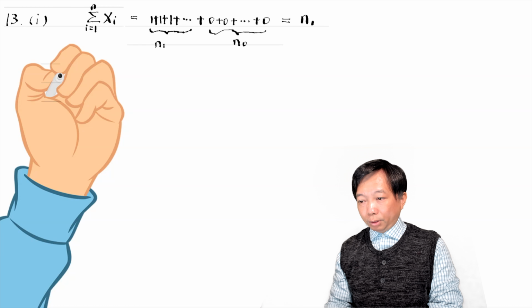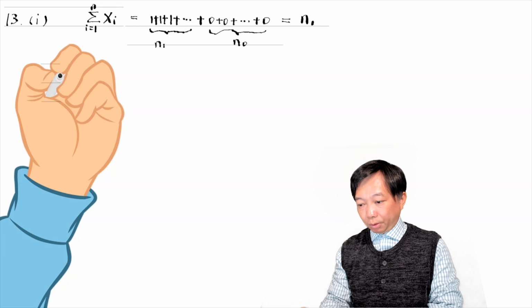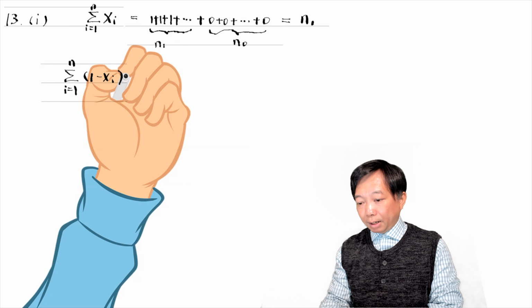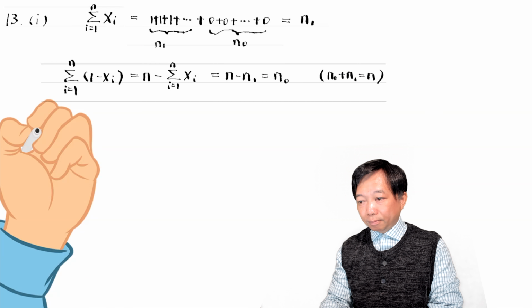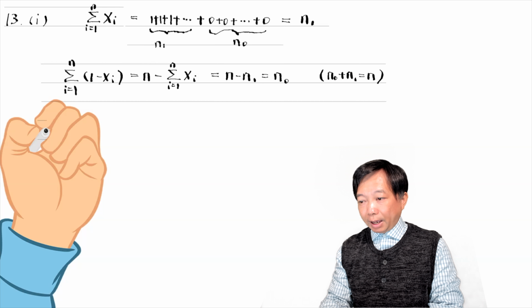For the first question, the sum of xi equals the sum of n1 ones and n0 zeros. That is n1. The sum of 1 minus xi equals n minus the sum of xi. That is n minus n1, which is n0.